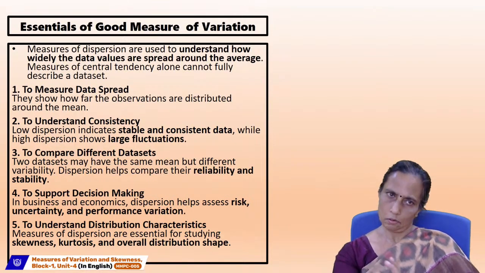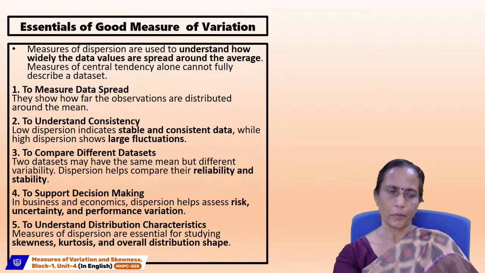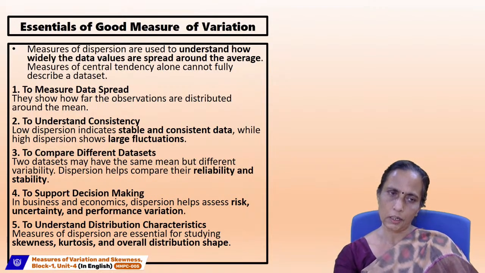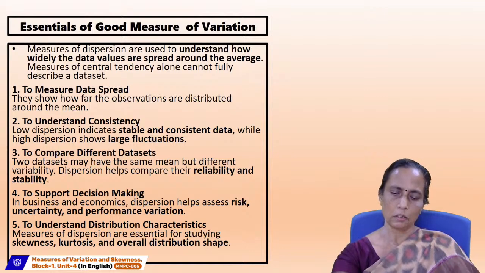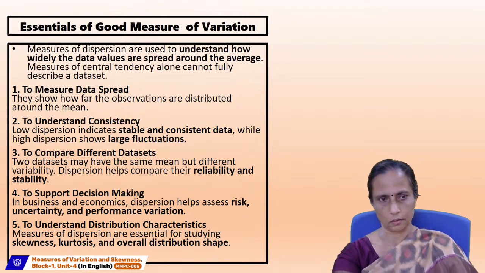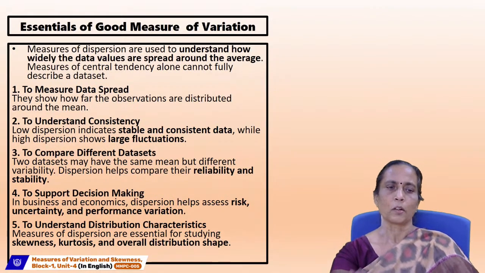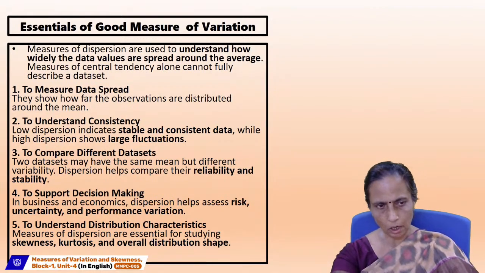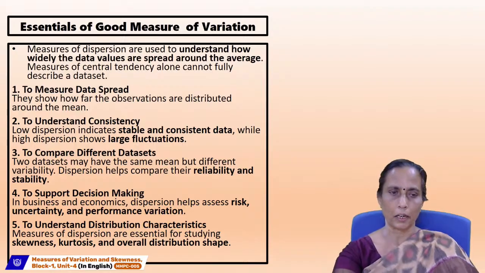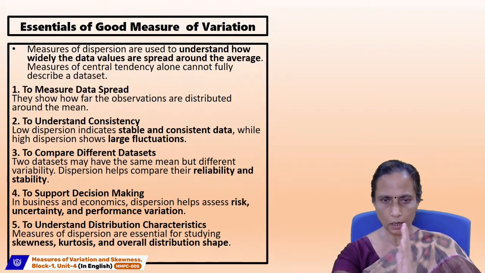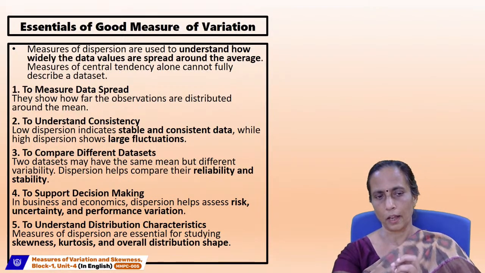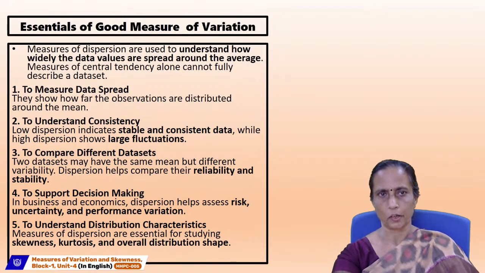Number two, to understand the consistency, low dispersion indicates stable or consistent data, while high dispersion shows large fluctuations. To compare two different data sets, they may have the same mean but different variability. So dispersion helps compare their reliability and stability.